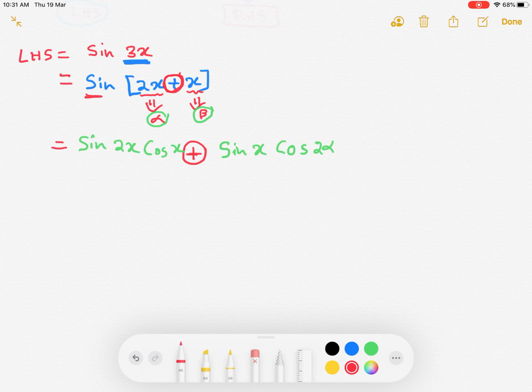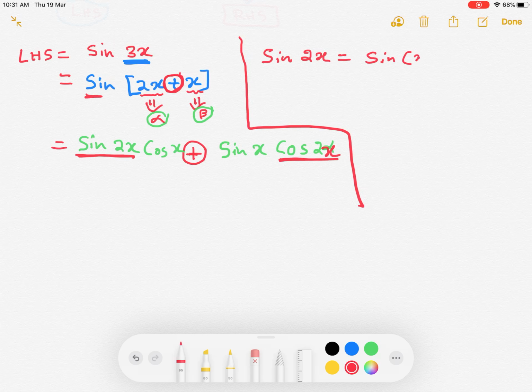Now what do we do next? Again, see here you have sine 2x, here you have cosine 2x. So take it separately. Sorry, this is not alpha, this is x. Sine 2x. So what is sine 2x? You should split again and you have to use the formula again. Sine x plus x.